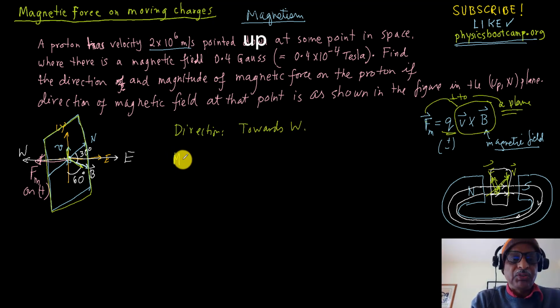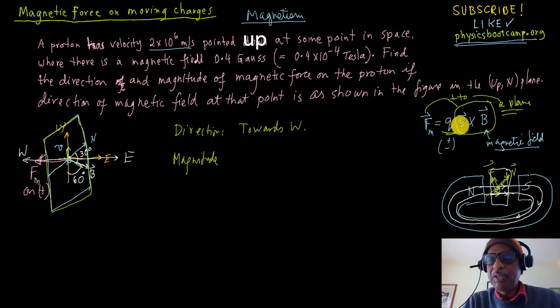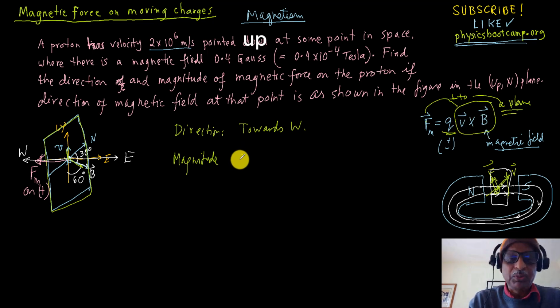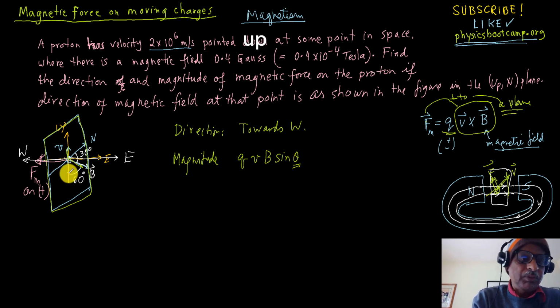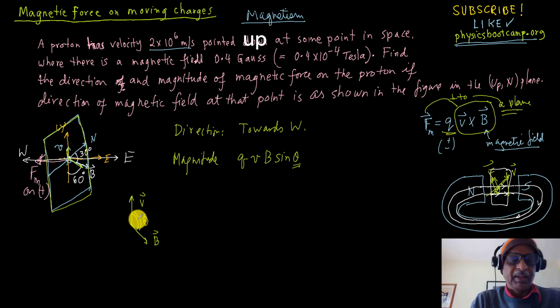How about the magnitude? The cross product magnitude would be QVB sine theta between them. So what's the theta? I have V this way and B this way, and this angle will be theta.